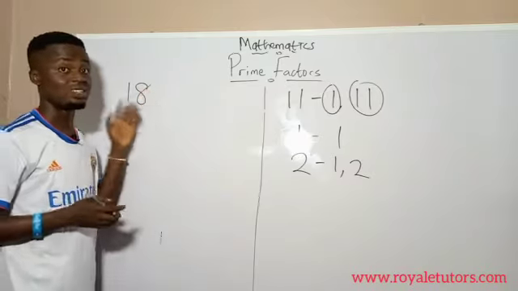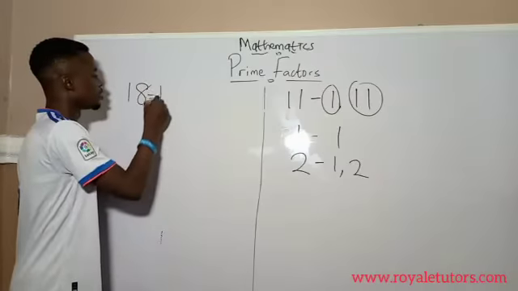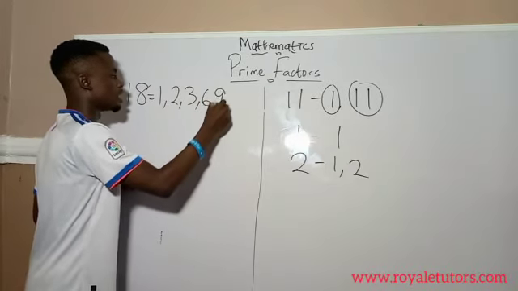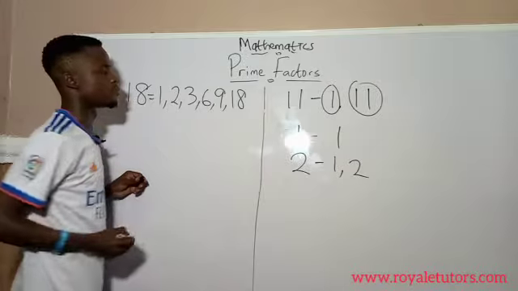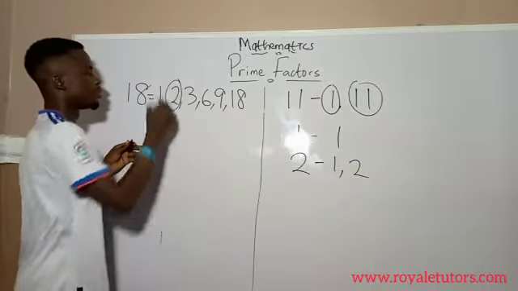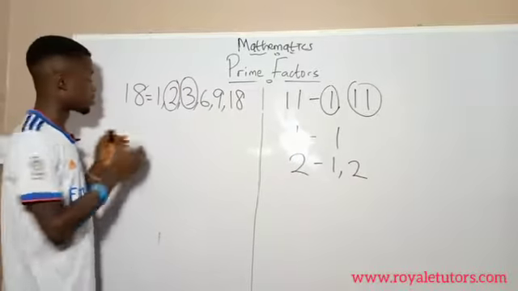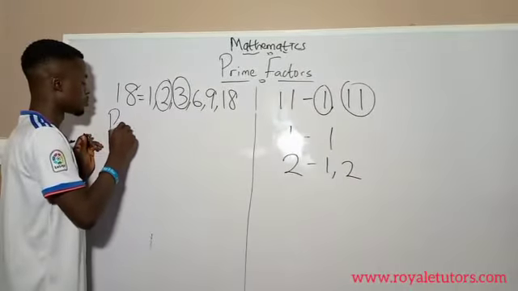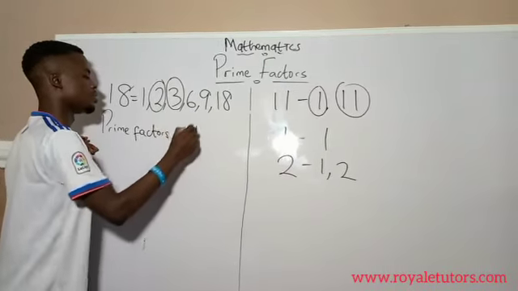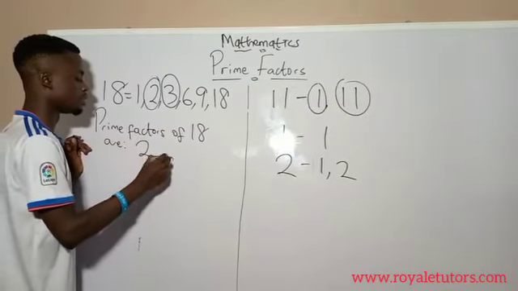So the factors of 18 are 1, 2, 3, 6, 9, and then 18 itself. But looking at these numbers, which of them are prime? 2 is a prime number, 3 is a prime number, and there is no more prime number. So the prime factors of 18 are just 2 and 3.